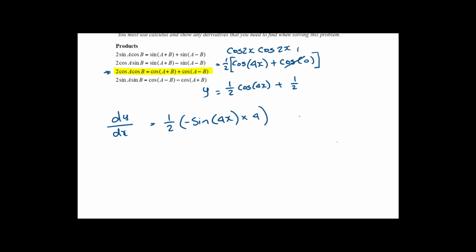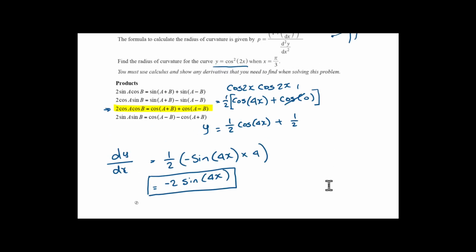This plus half goes away. So we're left with 4 times half, which is 2, times negative sine of 4x. The negative comes out the front. Yes, makes sense. And we're just going to park that there for now, because we're going to put in a number here and find an answer.